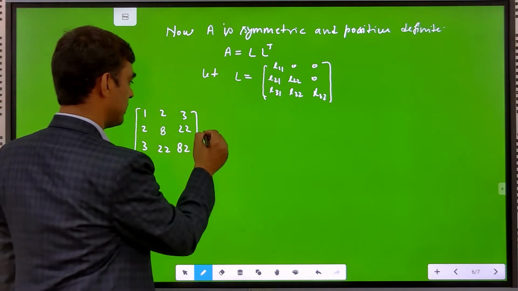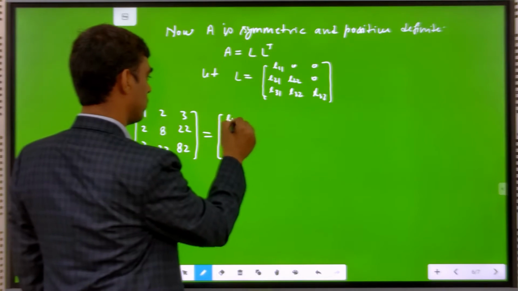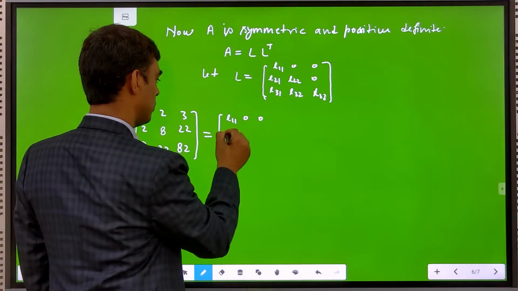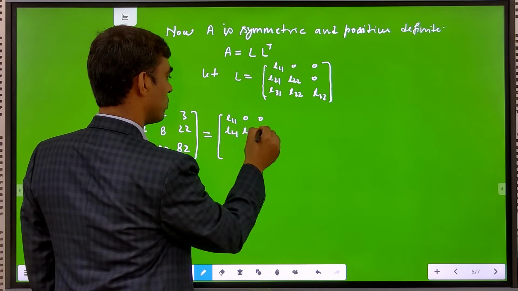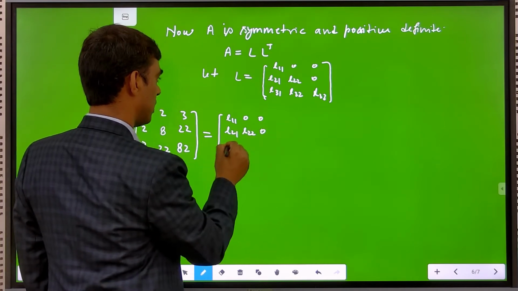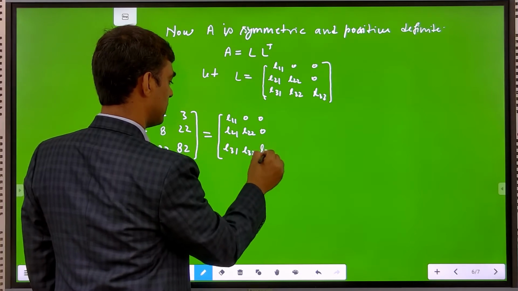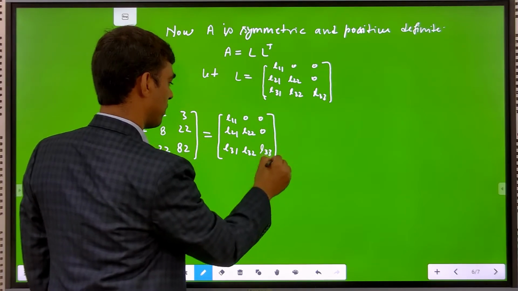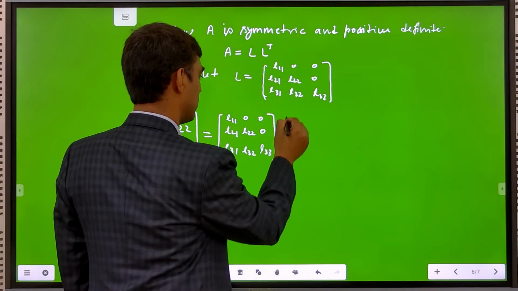So we can write this equal to L, meaning L11 0 0, L21 L22 and 0, L31 L32 and L33, into L transpose.